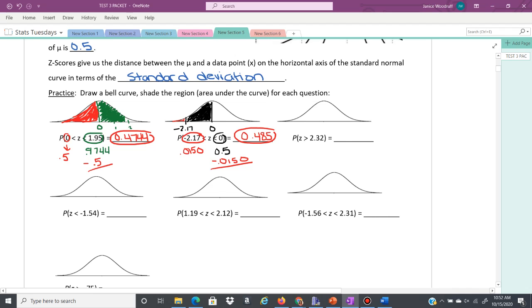Okay, so here, what is the probability that the z-score is greater than 2.32? So if you find 2.32, here's 0, 1, 2. 2.32 is probably about right here. So you're looking for this little area to the right.